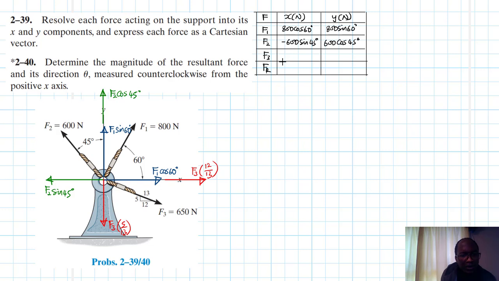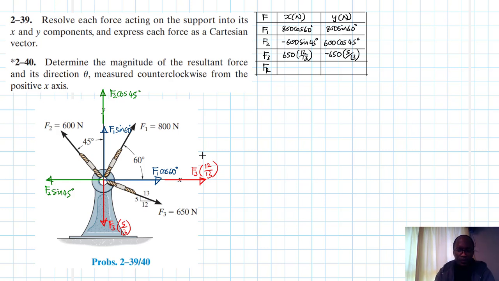Then for F3 we have a positive 650 times 12 divided by 13, and a negative 650 times 5 divided by 13. Now for the resultant, let's sum up with my calculator.